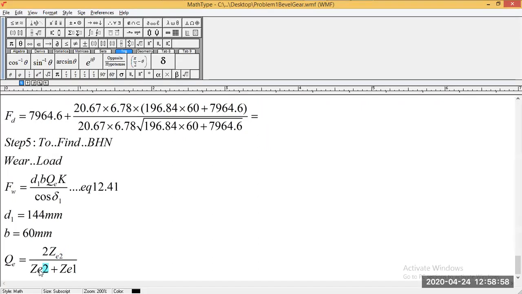All the previous times we found ZQ by using the actual number of teeth or the virtual number of teeth, but here it is using the equation here. So 2 into ZE2.